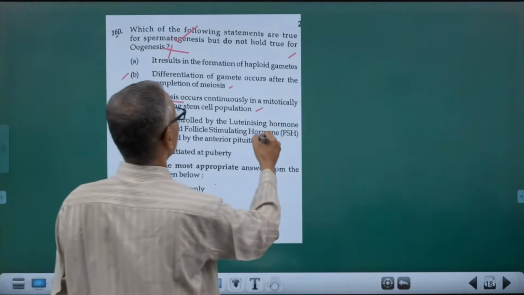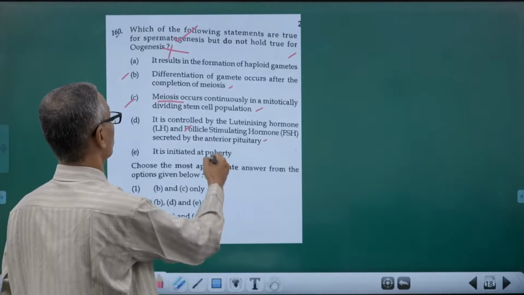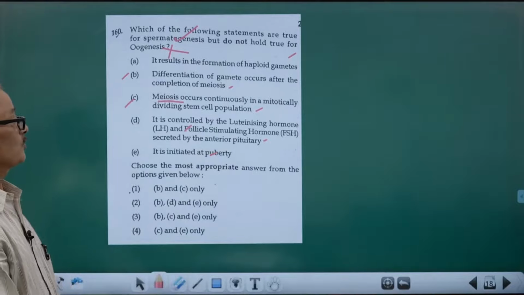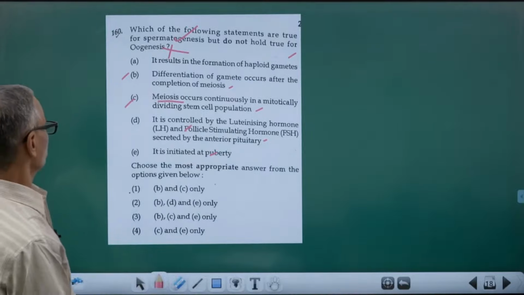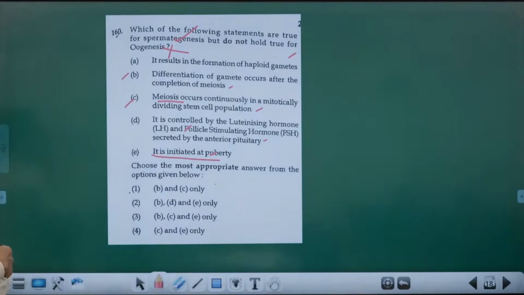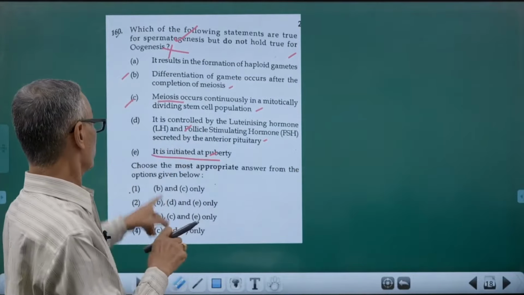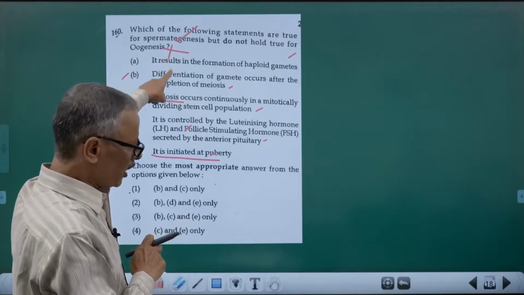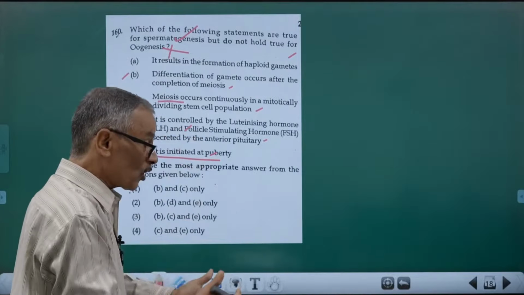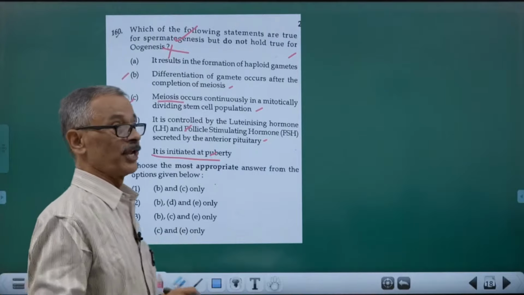It is controlled by the luteinizing hormone. In both cases, it is correct. It is initiated at puberty. Major events of both male and female gametogenesis are taking place after puberty. But see, in the case of males, we are having the events taking place in puberty. Whereas in females, even before birth of a female child, the process of gametogenesis will be taking place.